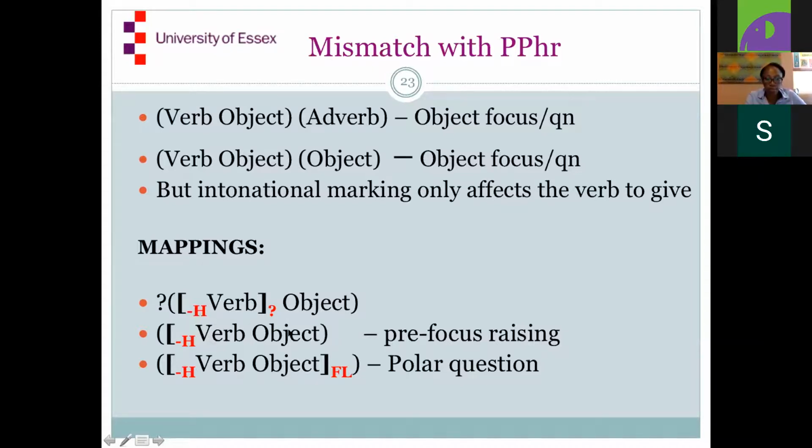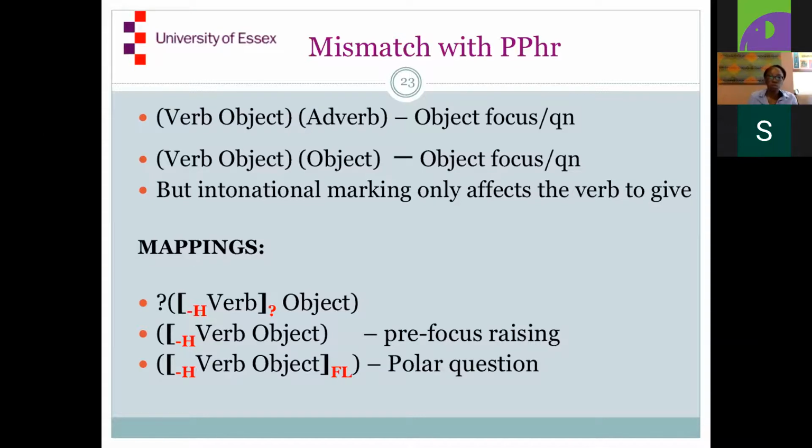And the reason why, of course, it's important to distinguish that is because in the final form here, we have polar questions where we do indeed have this intonational high, which is scoping over both the verb and the object. And for those cases, the marking always is that you've got this left edge high intonational tone, which then would show intonational pitch range expansion over the verb and over the object, but then there would be final lowering on the right edge.